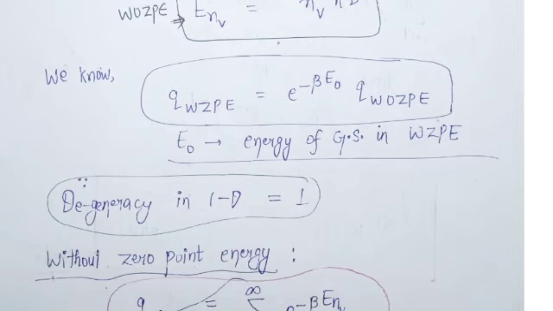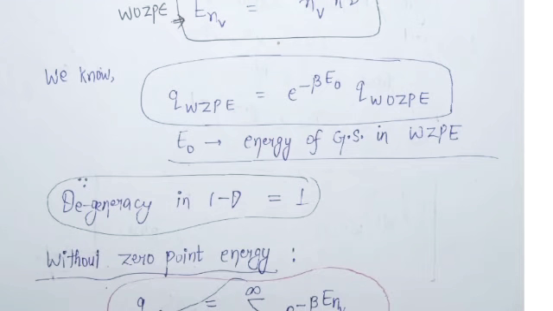We can find QWZPE with the help of QWOZPE, so we need not go with both of the partition functions. If we are able to calculate the partition function without zero point energy, then by using this expression we can find QWZPE.